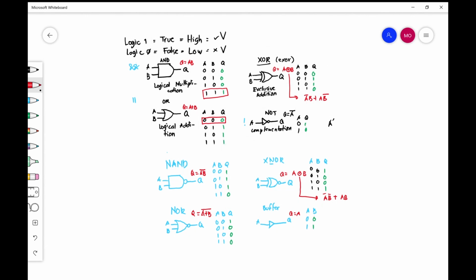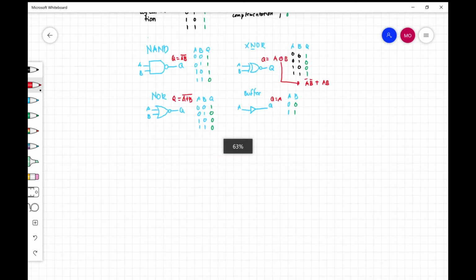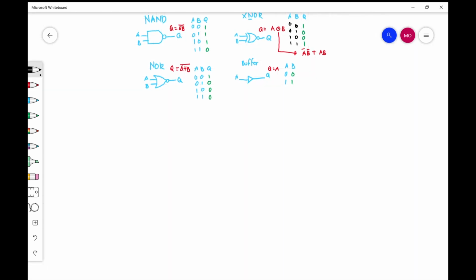Okay. Now, we can cascade gates to have a certain behavior. But that would be discussed in detail in the next lesson. Just for today, I'll give you a simple example on how to cascade them. Given the following, let's say you were asked to give the equation of the following. Sometimes the equation is given and you are to draw them.